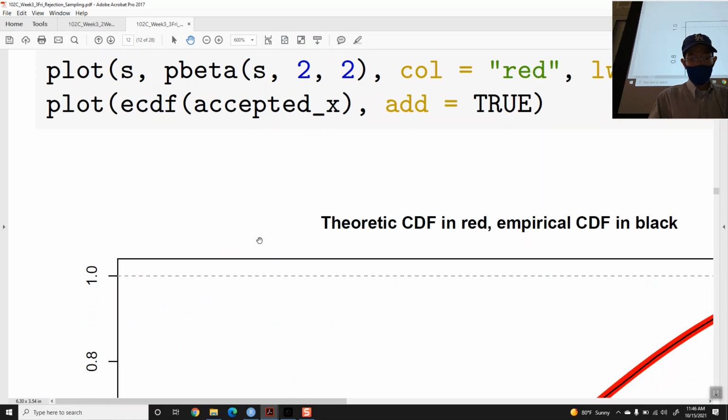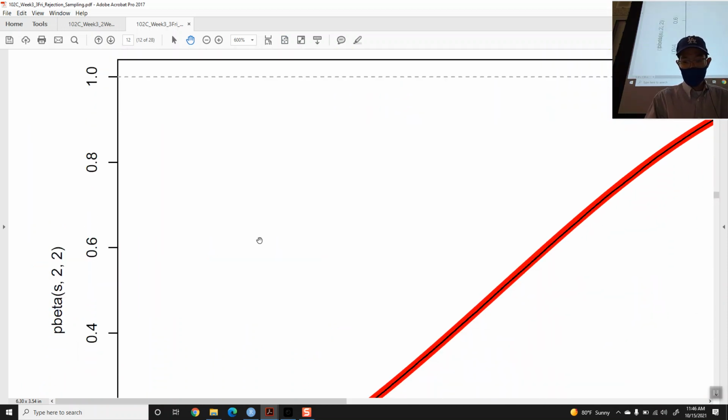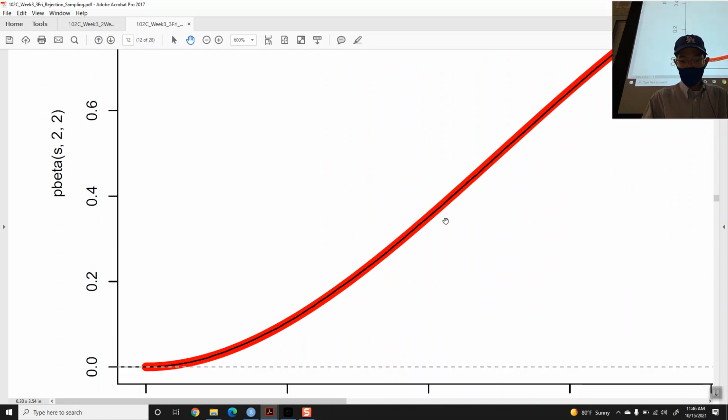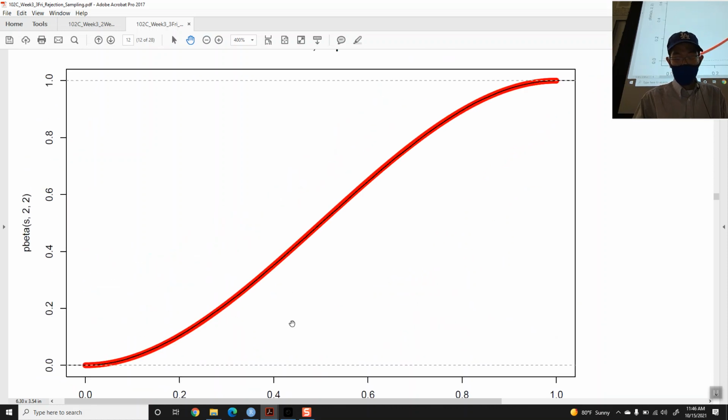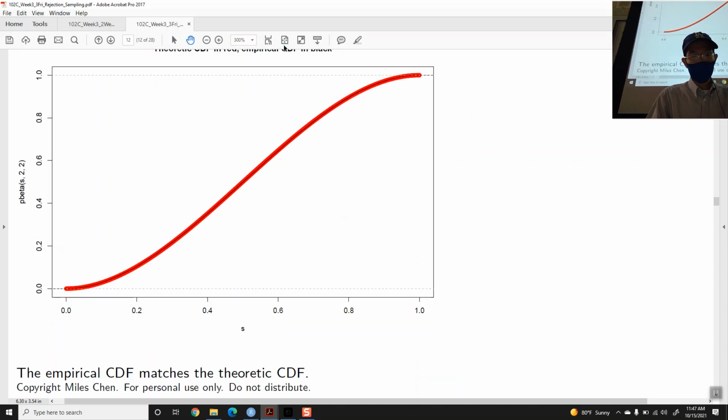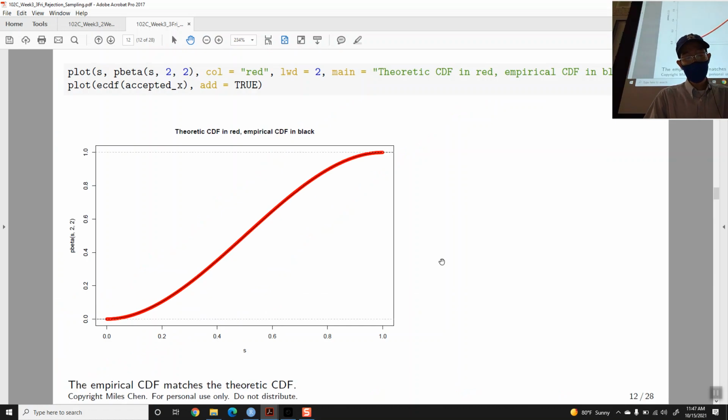The theoretic is in red, and the empirical CDF is in black, and it sure looks like the black CDF lines up very closely to the red CDF, all right? We can see it's not perfect. I guess because I did the red line so fat, it fits entirely in it, but they're not exactly parallel. This is truly an empirical CDF, and there's a little bit of variance there, okay, but it fits quite well.